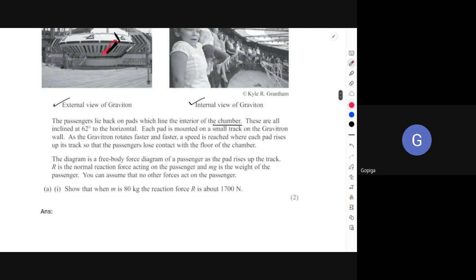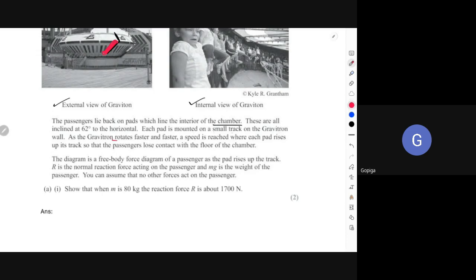It says that these are all inclined at 62 degrees to the horizontal. The beds are not entirely vertical, as we can understand, this entire thing is inclined, right? So the beds over here on the inclined surface will also be 62-degree inclined from the horizontal plane. Each pad is mounted onto a small track of the Gravitron wall.